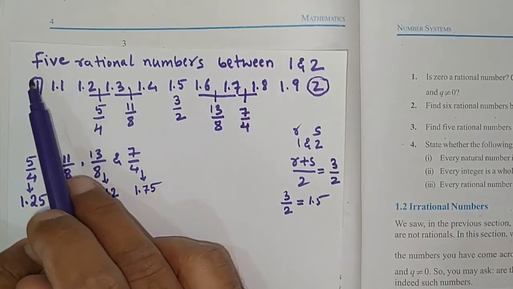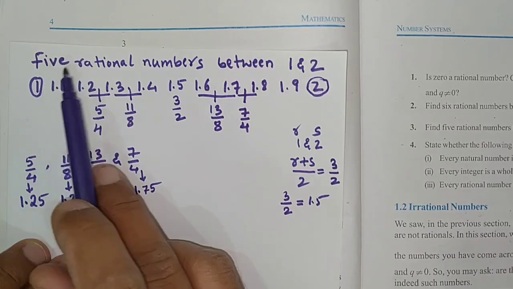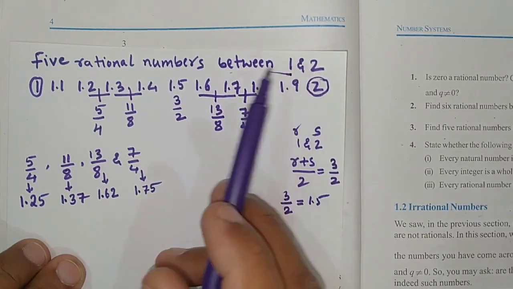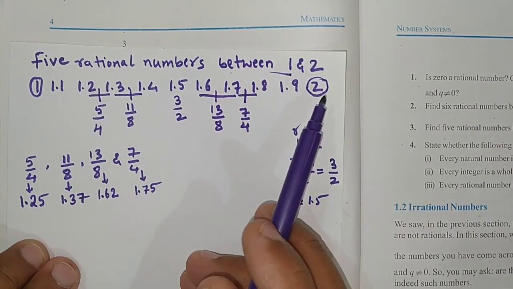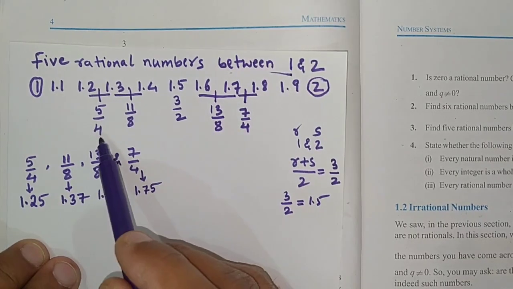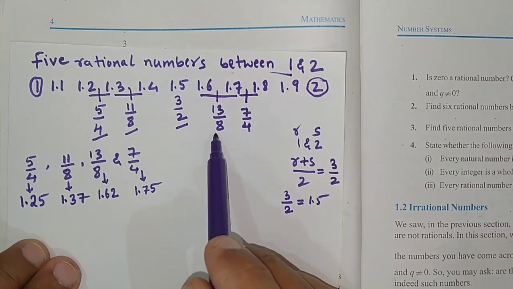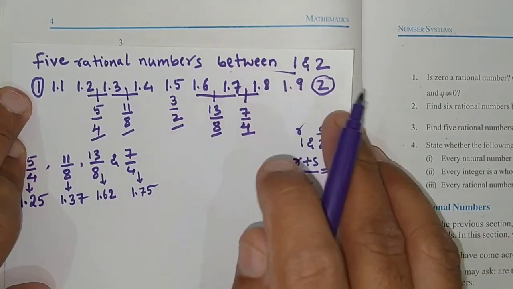So find 5 rational numbers between 1 and 2. This is 1 and this is 2. You have 5 by 4, 11 by 8, 3 by 2, 13 by 8, 7 by 4.